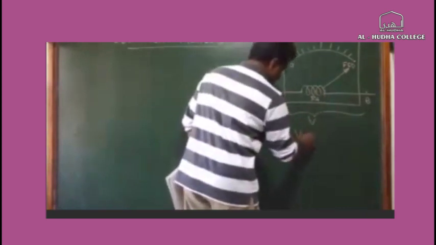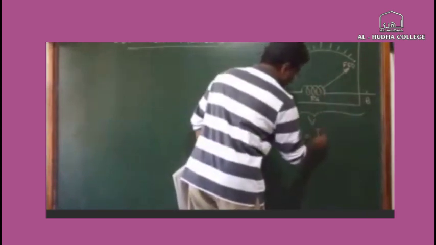This is just like a resistor. So when you apply a current, there will be a potential drop produced, right? So we know from Ohm's law, the potential drop V equals I into Rg, right?